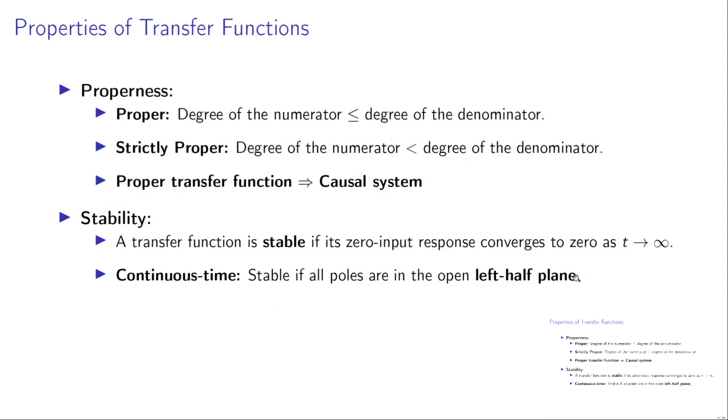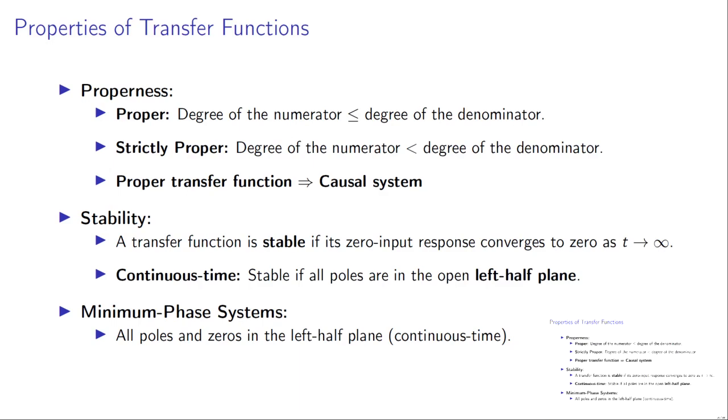It means that the real part of the poles must be negative for a system to be stable. That's why it's the open left half plane: you do not count the imaginary axis. So the real part must be negative in order to give you a stable system.